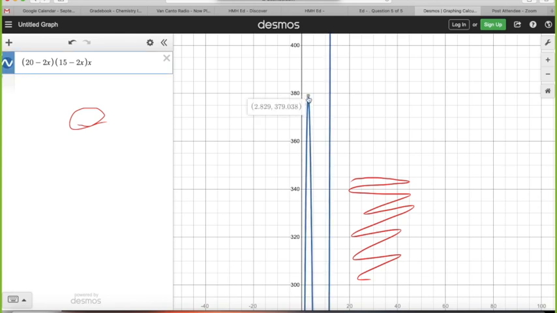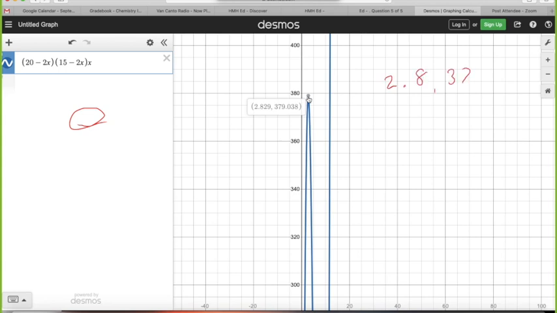I'm just going to write that on the screen so that I don't forget it. 2.8379. So that's our xy coordinate. What do those numbers mean? That means if we make x 2.8, our volume is going to be 379, which is a maximum for what we're talking about here.